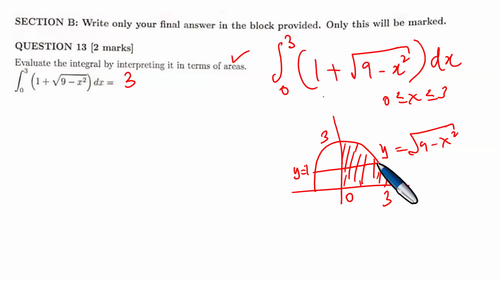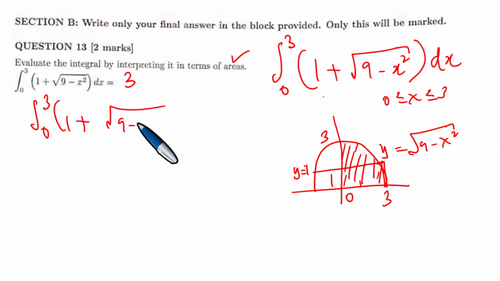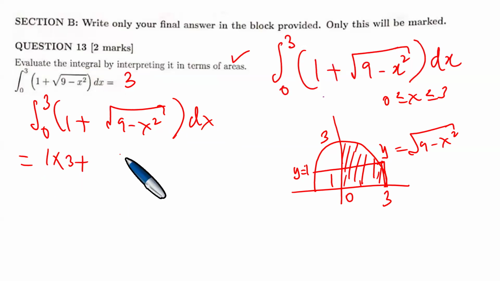You're looking at this line here at x equals 3, and this is going to be some rectangle, with height 1 and width 3. So the integral from 0 to 3 of 1 plus the square root of 9 minus x squared dx. Evaluate the integral by interpreting it in terms of areas. Therefore, this is 1 times 3 plus the integral from 0 to 3 of this.